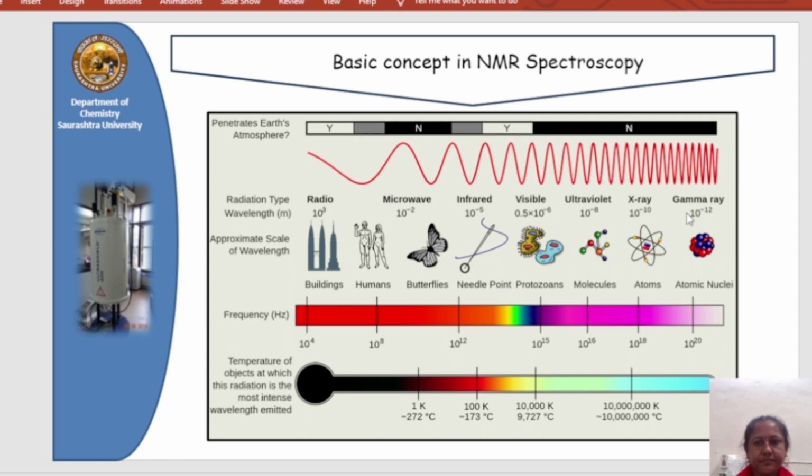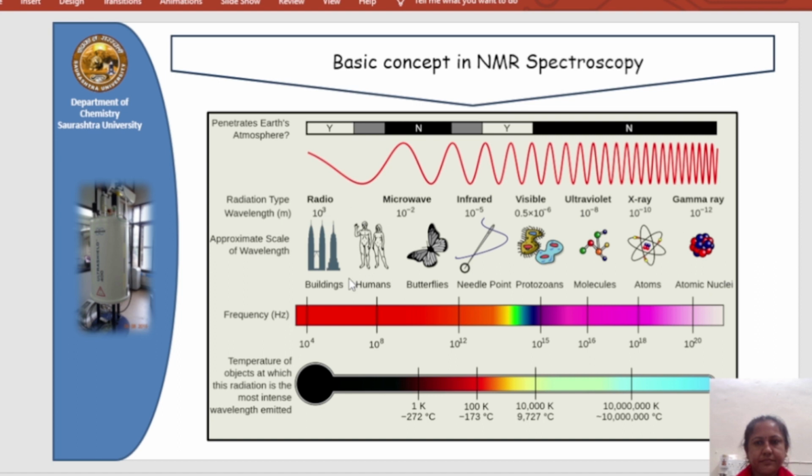In gamma rays the wavelength is on the order of 10 raised to the power minus 12, which means the phenomena are related to atomic nuclei. Then X-ray, ultraviolet, visible, infrared, microwave, radio. Here is the longest wavelength, here is the shortest wavelength, here is the highest energy, here is the lowest energy.